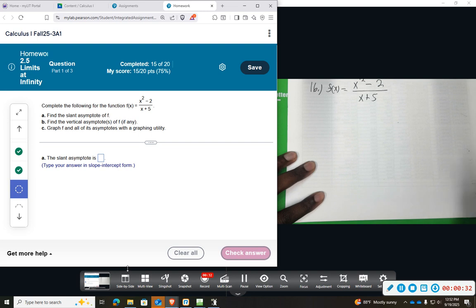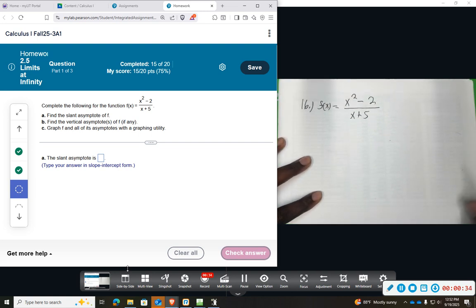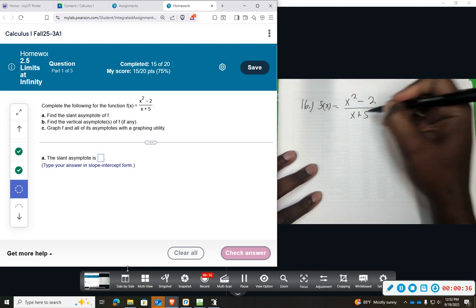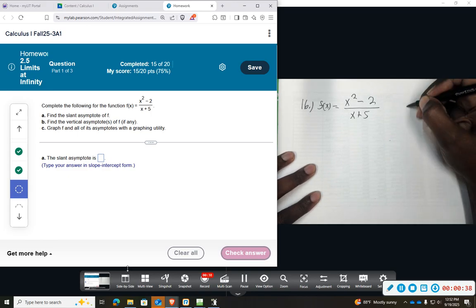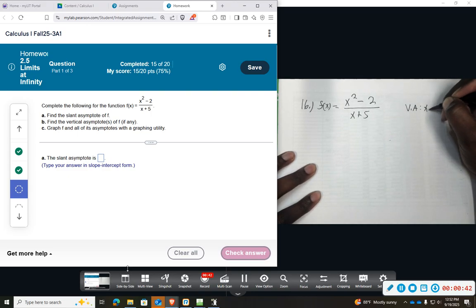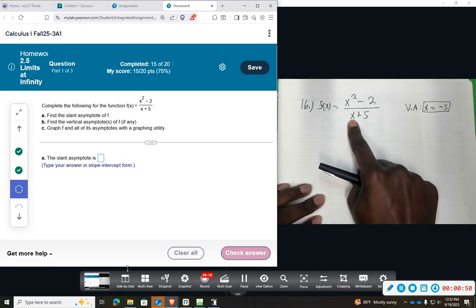Alright, so from this function, we will have a vertical asymptote. We set the denominator equal to 0. We'll get a vertical asymptote of x equals negative 5. X cannot be equal to negative 5, otherwise you would divide by 0.